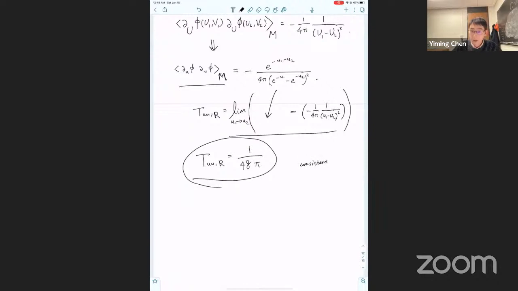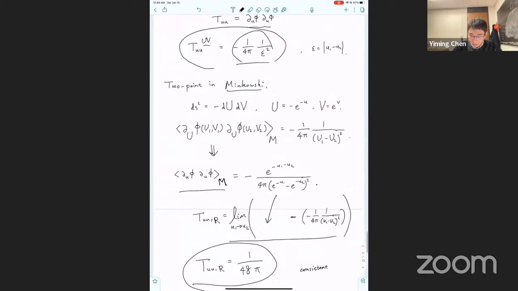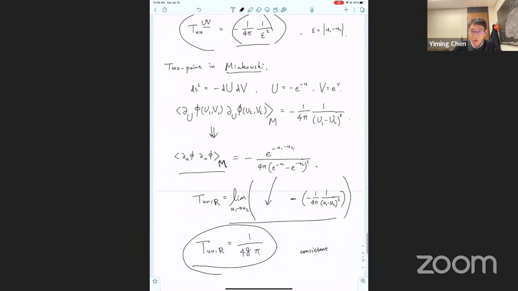Excuse me. Yes. So does this finite contribution from T_uu stay the same for regularizations other than point splitting? Well, I'm not sure which other regularization you are imagining. For example, another way to derive this is to use the so-called conformal anomaly.